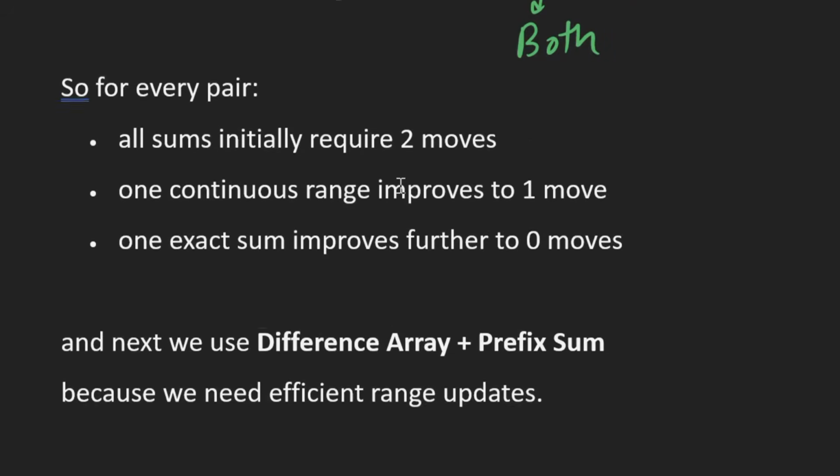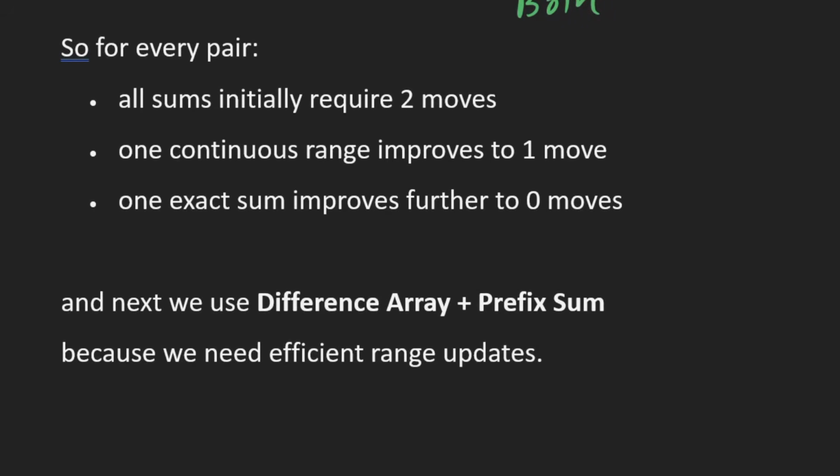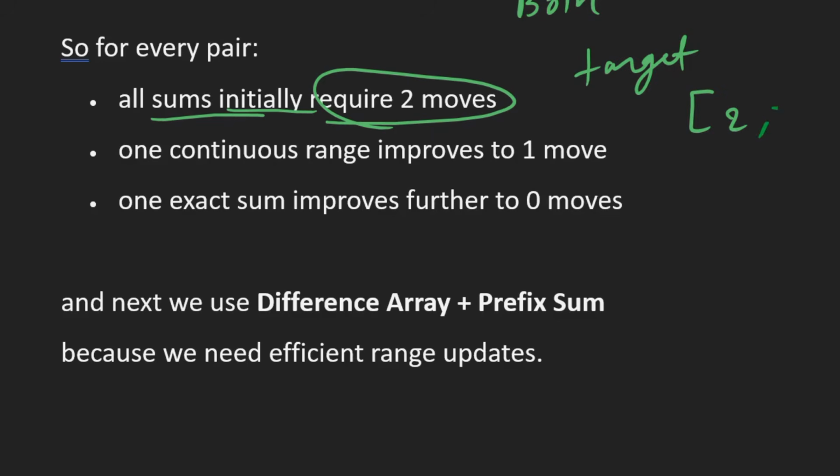Now what we do is, for every pair we assume that all the target sums initially require two moves, right? So for every target sum in the range 2 to 2 into limit, we assume they all require two moves initially for a pair.